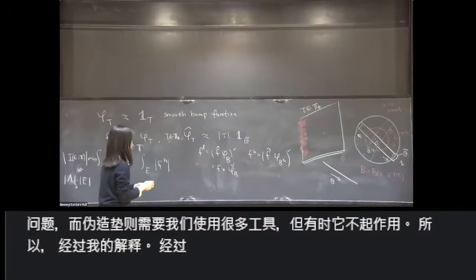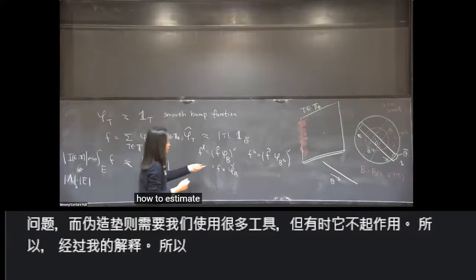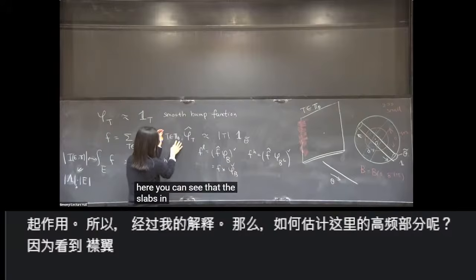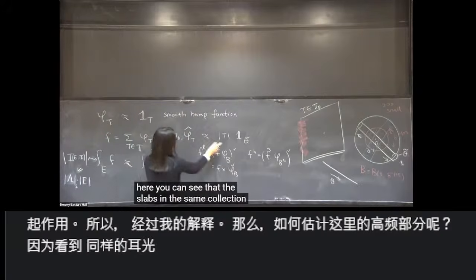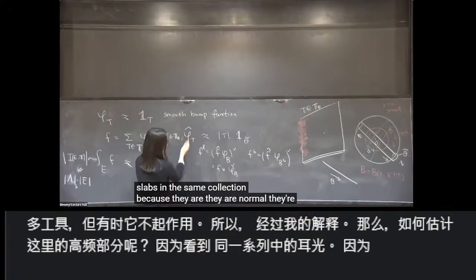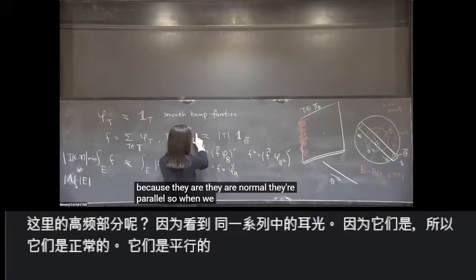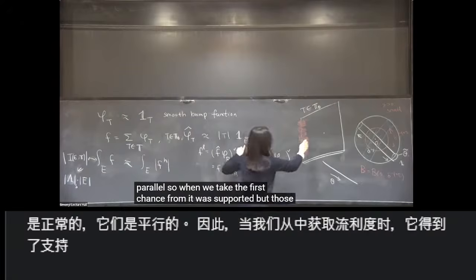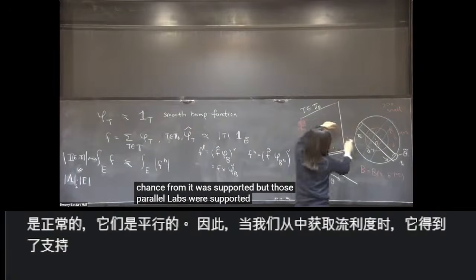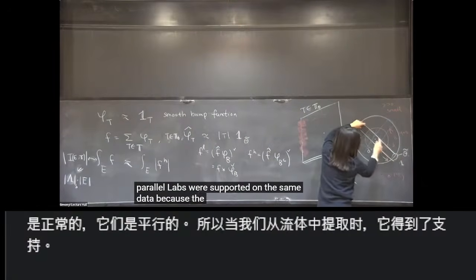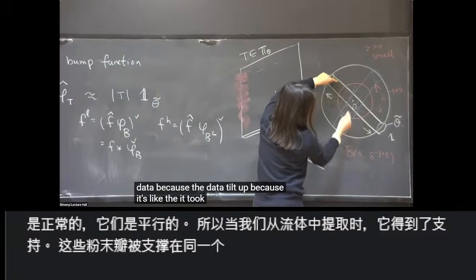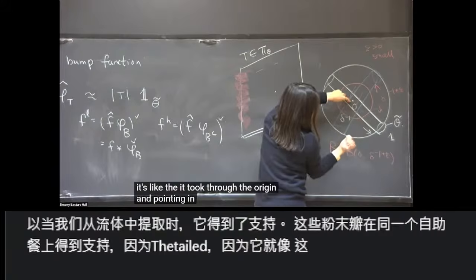So how do we estimate the high frequency part? Here you can see that the slabs in the same collection are parallel, because they are normal to the same direction. When we take the Fourier transform, those parallel slabs are supported on the same theta tilde, the tube through the origin pointing in direction theta.